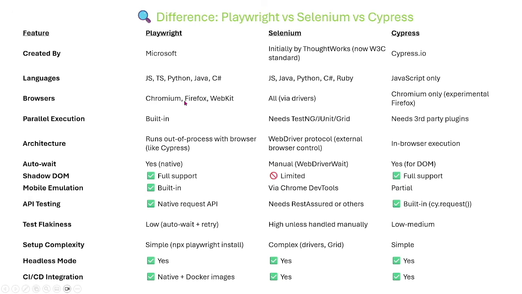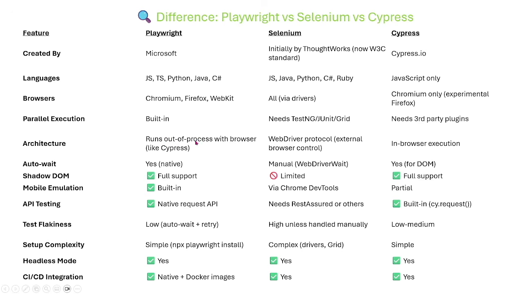Browser: Playwright supports Chrome, Firefox, WebKit, all the browsers. Cypress supports Chrome, Edge, Firefox, Electron. Parallel execution: built-in for Playwright; Selenium needs TestNG, JUnit, and Grid, needing a third-party plugin.